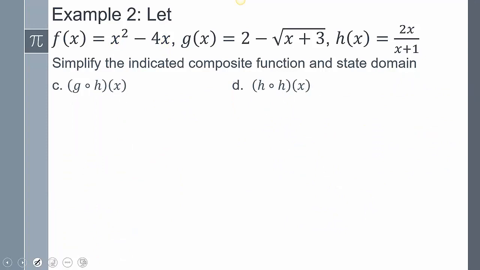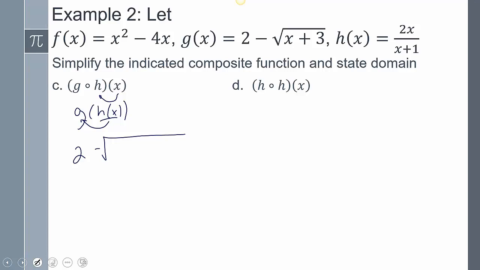For part C, it says g of h of x. So now for this, we take our x, we're going to plug it in for h. Well, it's going to stay the same. So then I can look at it as g of h of x. And so now I'm taking my h function and plugging it in for g. So for my g, it's going to be 2 minus the square root.